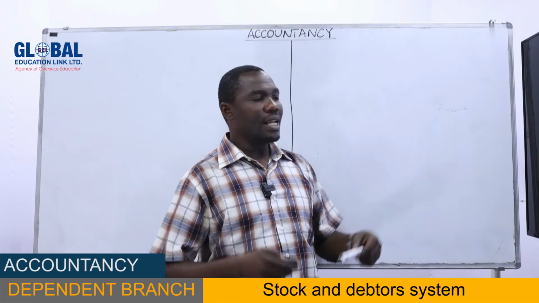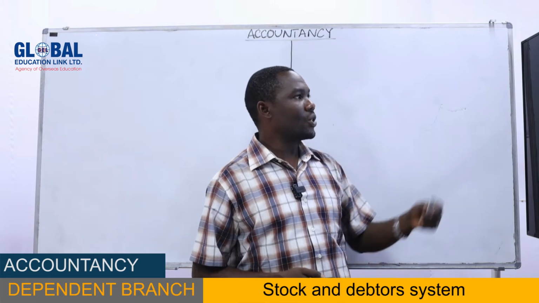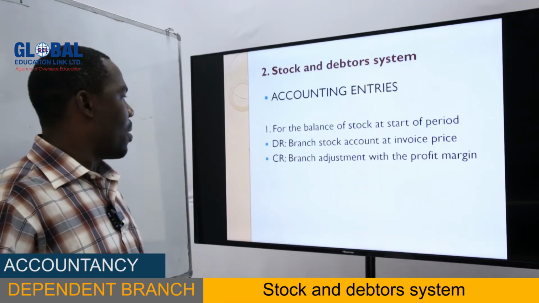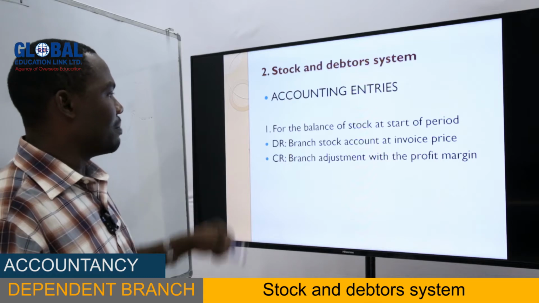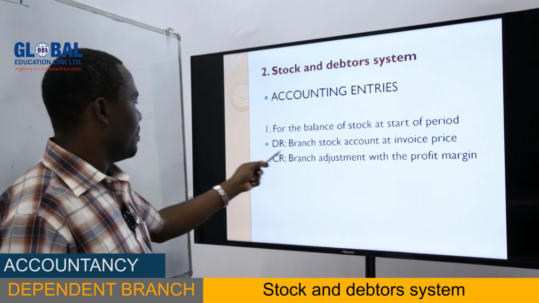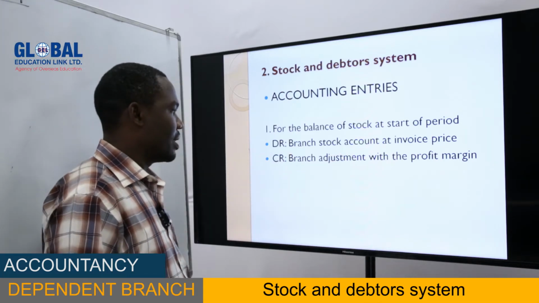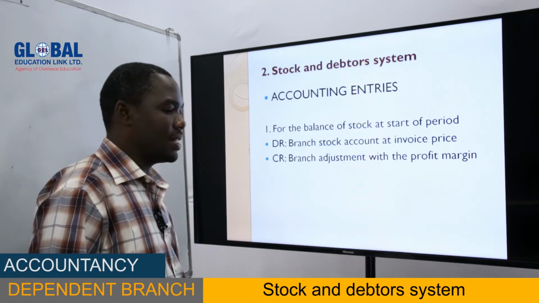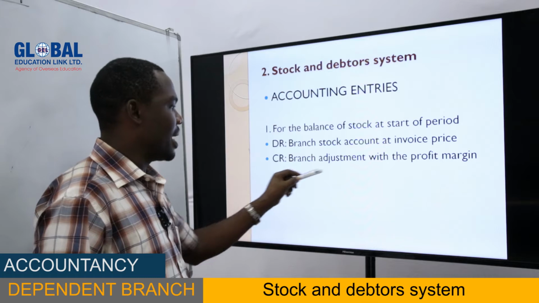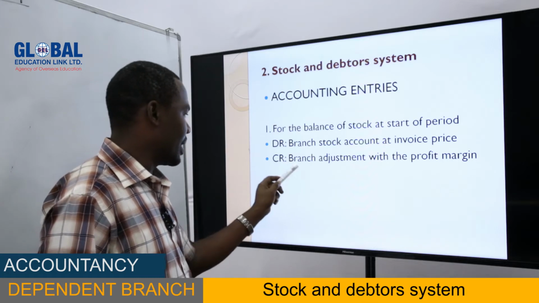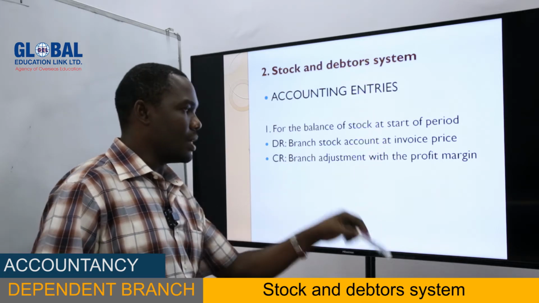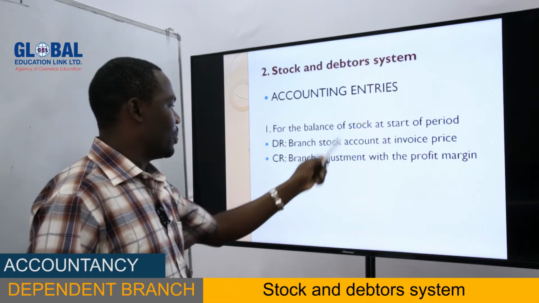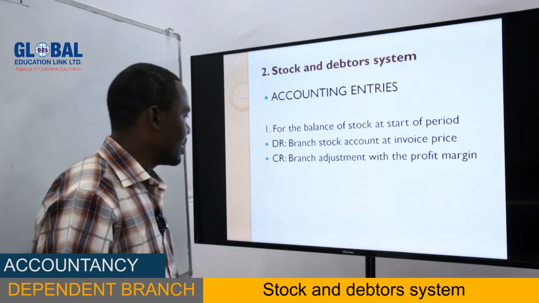Let's see now the accounting entries under the stock and debtors system. For the opening balance, we debit branch stock account at invoice price, and we credit branch adjustment with the profit. As I've said, we credit the branch adjustment account with the profit margin, which was the unrealized profit in the previous period.